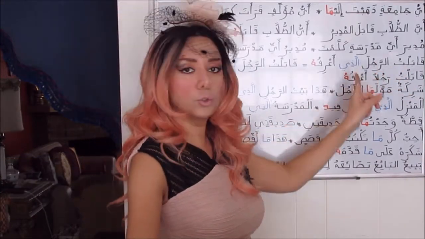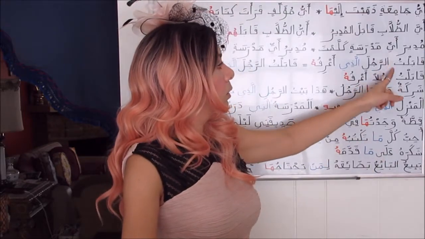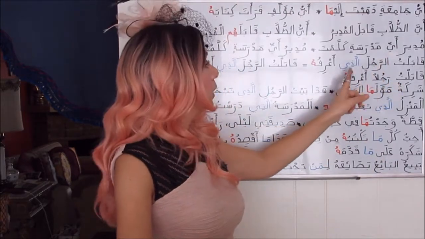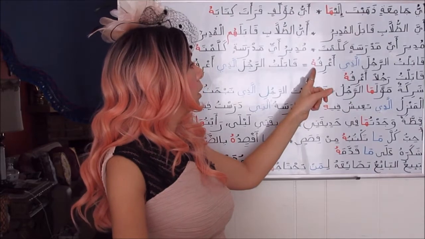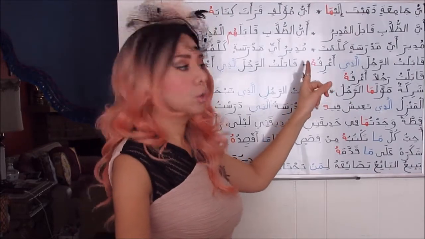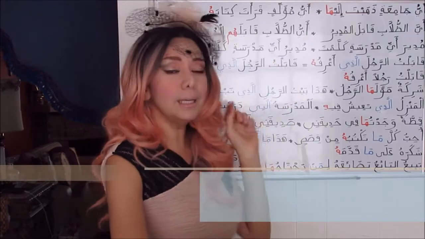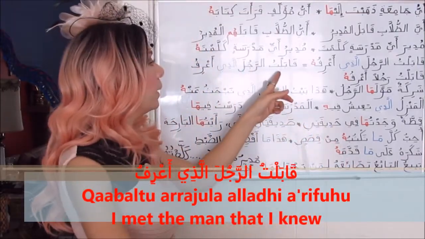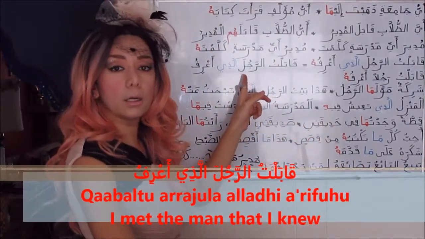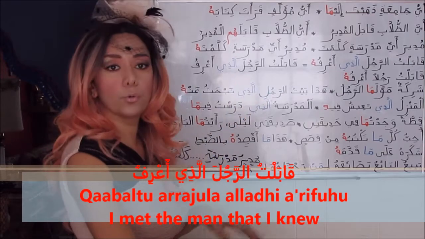And الرجل is definite with the particle ال. أعرفه. Here we have used the pronoun referring to الرجل, the man, singular, masculine. Alright? Here, this equals قابلت, I met الرجل الذي أعرفه.